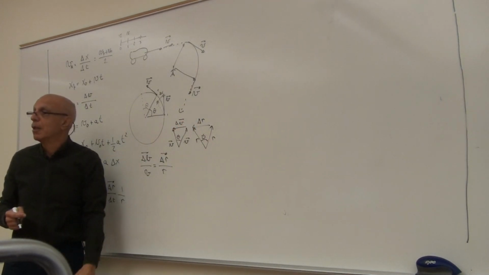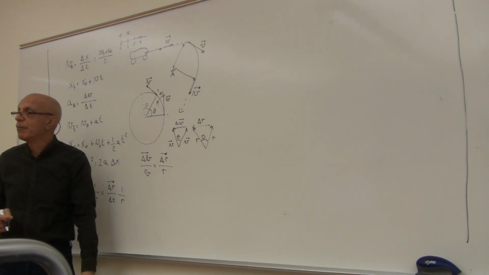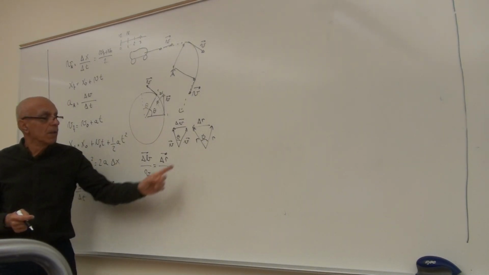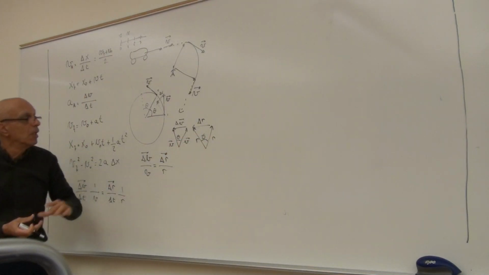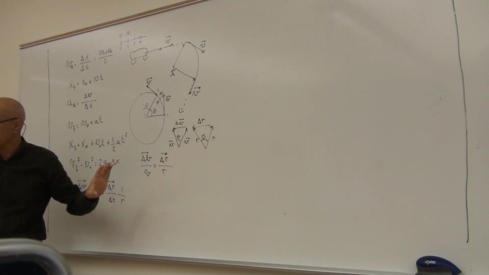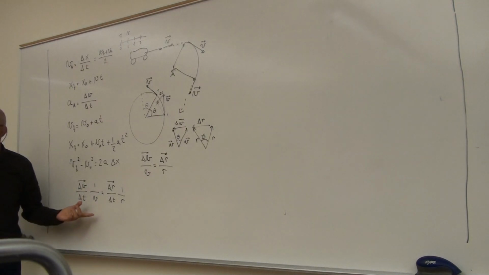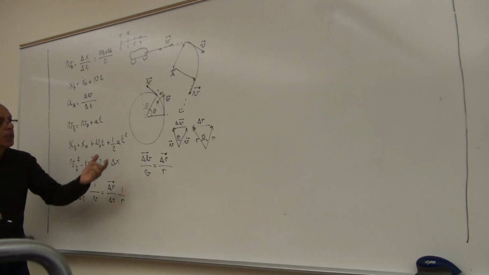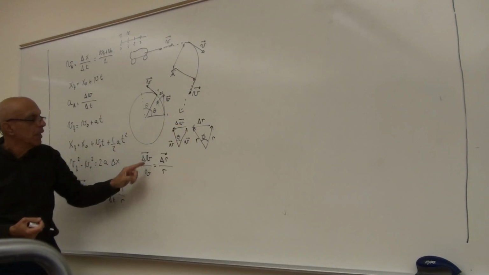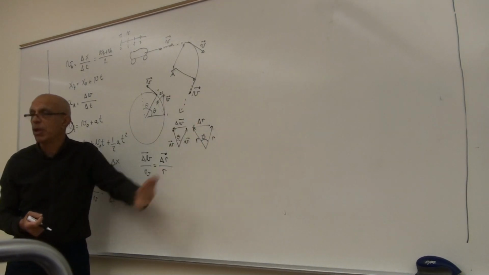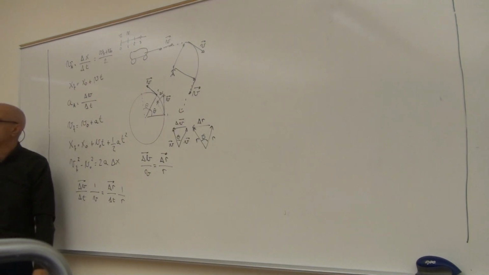So tangent theta is delta V over V, and it's also delta R over R. Those are two similar triangles, the same way I made that little drawing here. Since they are similar triangles, the ratio of delta V over V is going to be delta R over R. Okay?